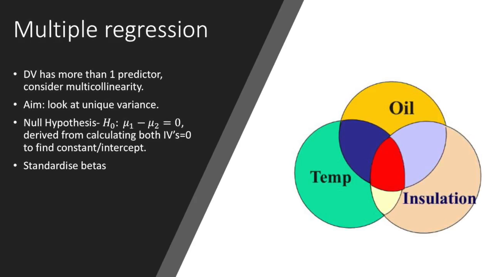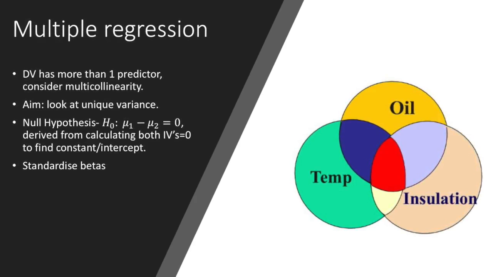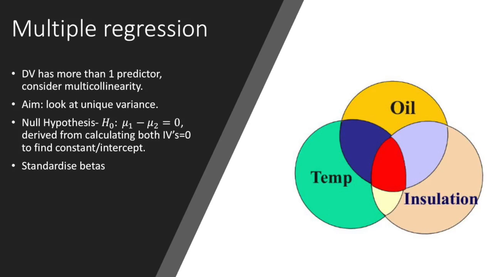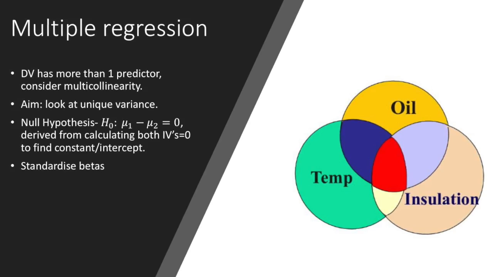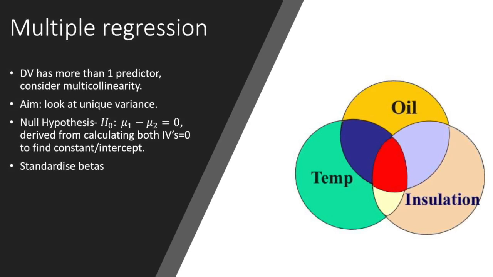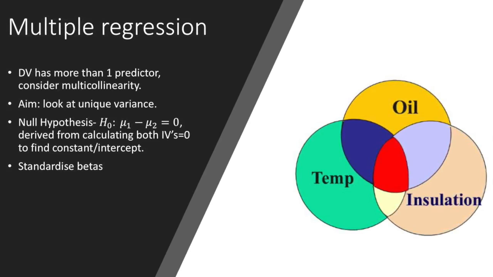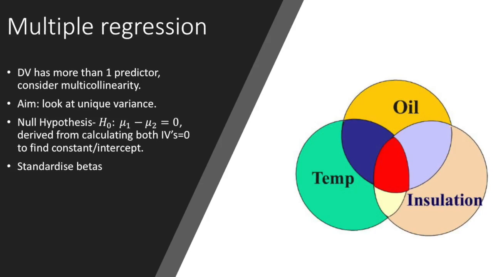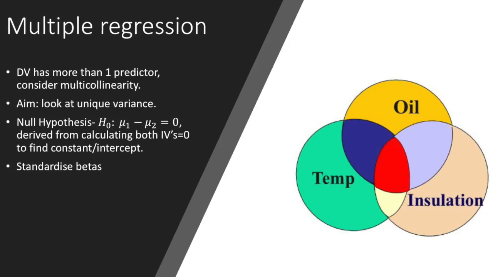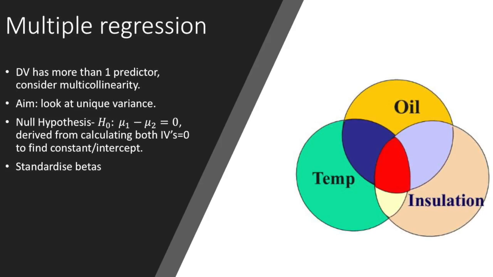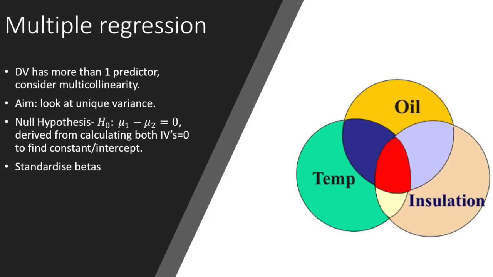The thing about multiple regression though is that we need to standardize the betas into z-scores or others for comparison. And we also have an extra degree of freedom. The reason we need to standardize these scores is that different independent variables' results do not necessarily line up.